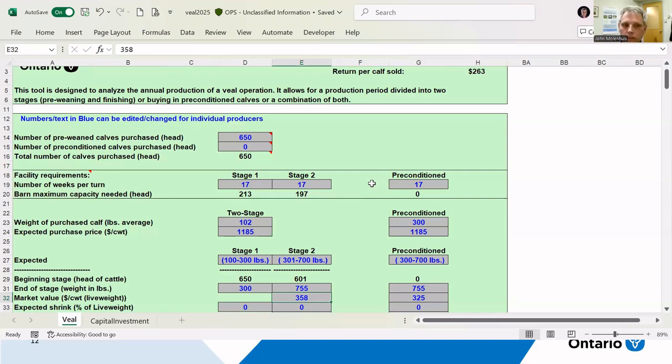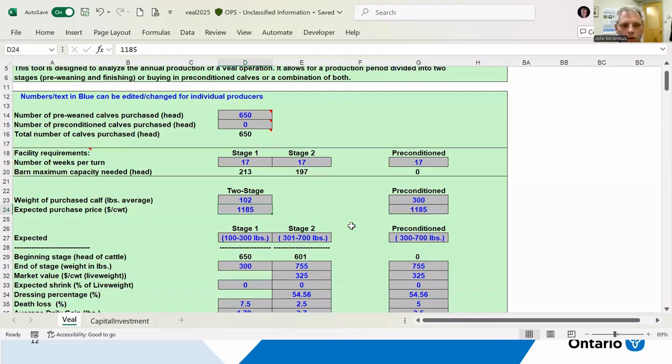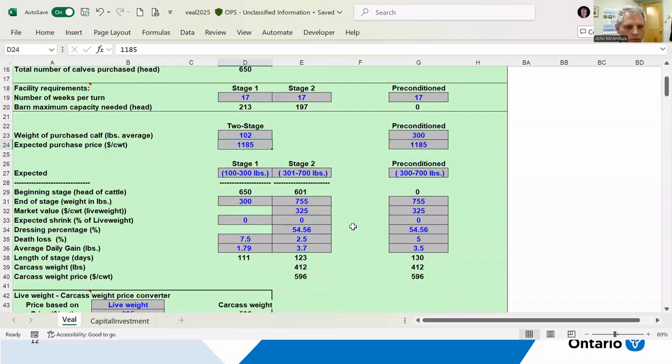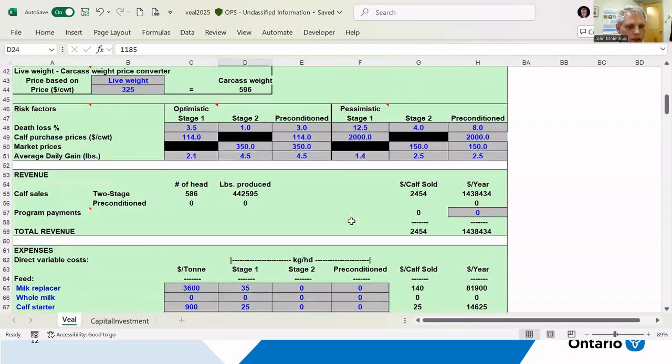So obviously smaller changes on the market side of things have a big impact on the economics and the profitability of the operation. Again, you may not have as much control over that market value, but it's just good to understand what the impacts of changes are when you're trying to make some of these purchase decisions, because even small changes in purchase price or market value can have a big impact on that profitability, whether it's up or down, right?